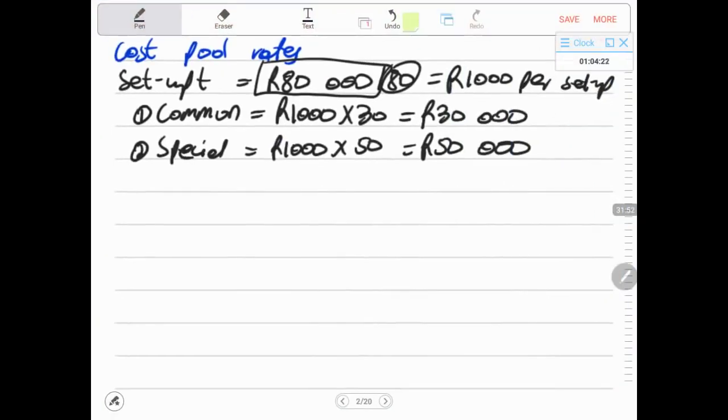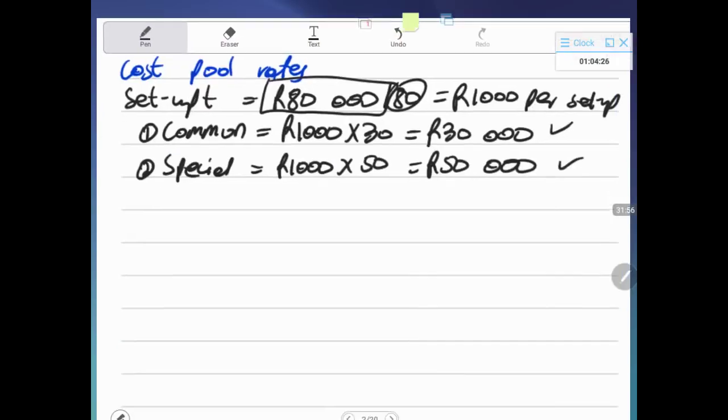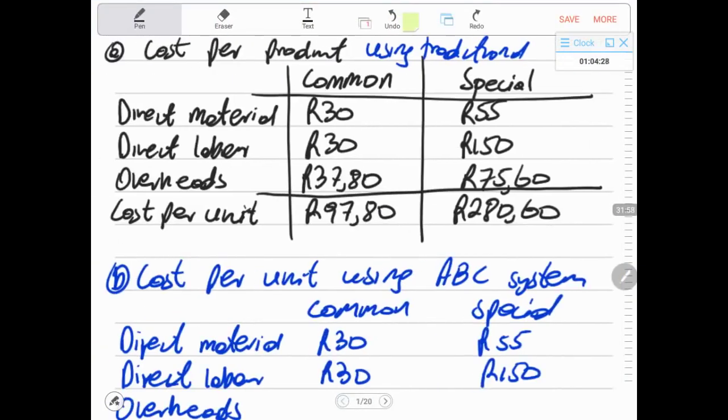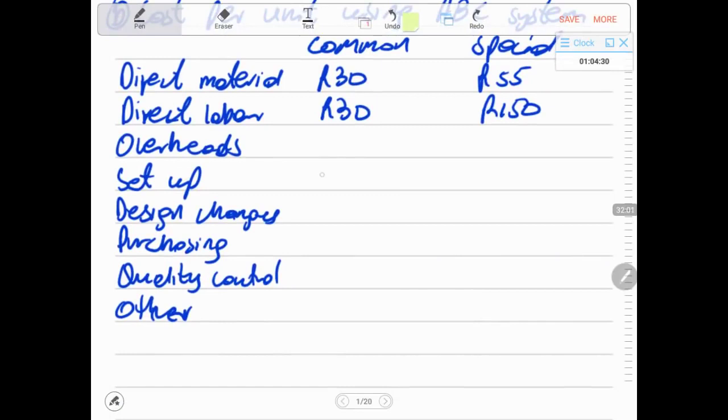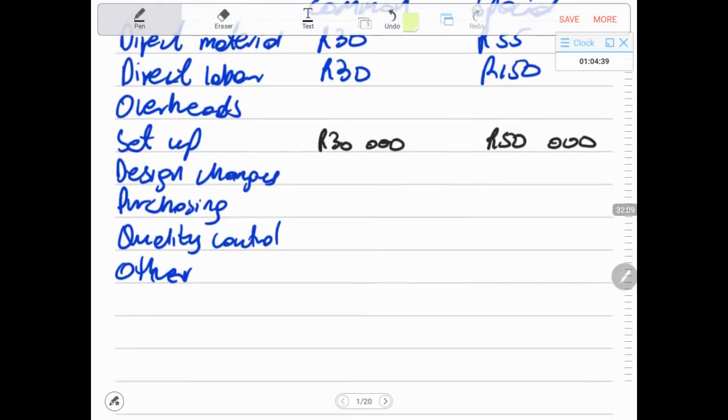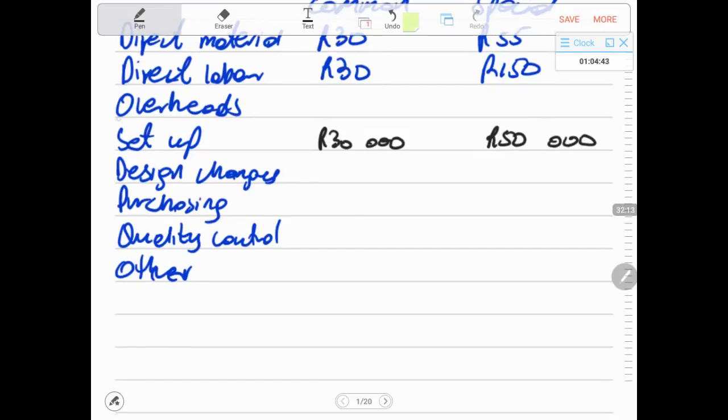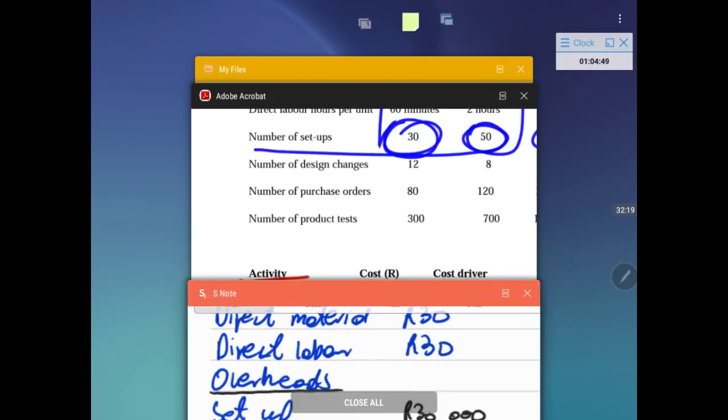So there we have 30,000 and 50,000. Then I can go and allocate immediately my 30,000 and 50,000. Remember, this is the total now. This is 30,000 and this is 50,000. Then now we are done allocating the setup cost, which is an overhead, according to activity-based costing. Then we go to design changes.